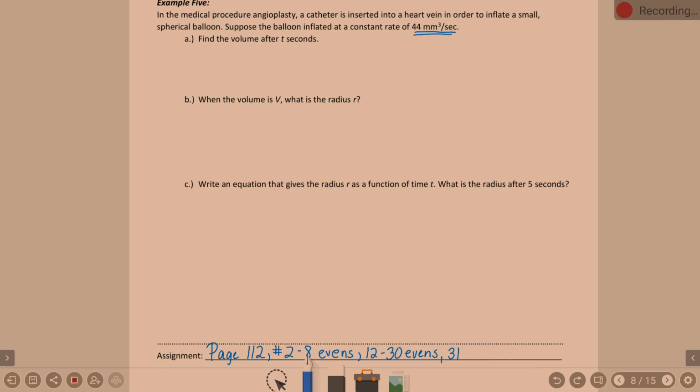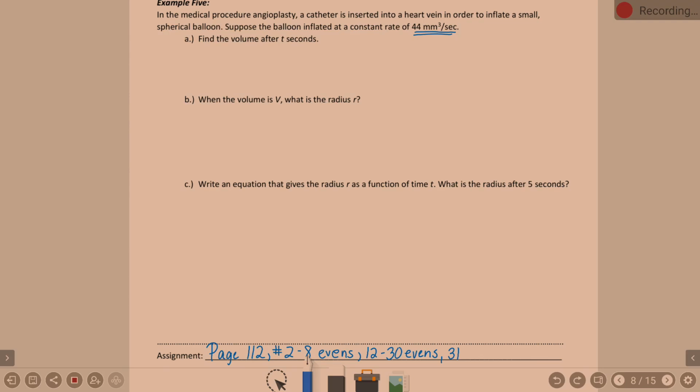So 44 cubic millimeters per second. First of all, when you hear volume, what kind of label does volume have? Volume has the 3, yes?